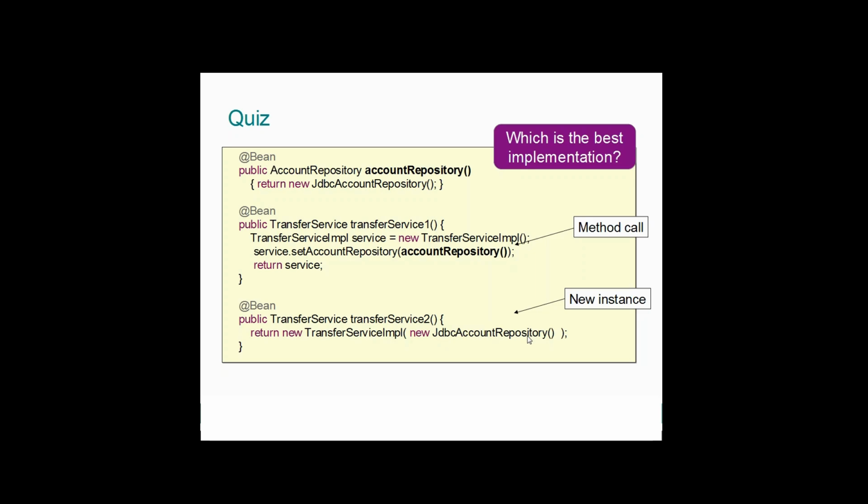So now having this bean and these two beans getting injected with this account repository, which is the best option, best implementation? Is this a method call or an instance variable gets created? Is service 1 or service 2 the best option? Which is the best implementation here?